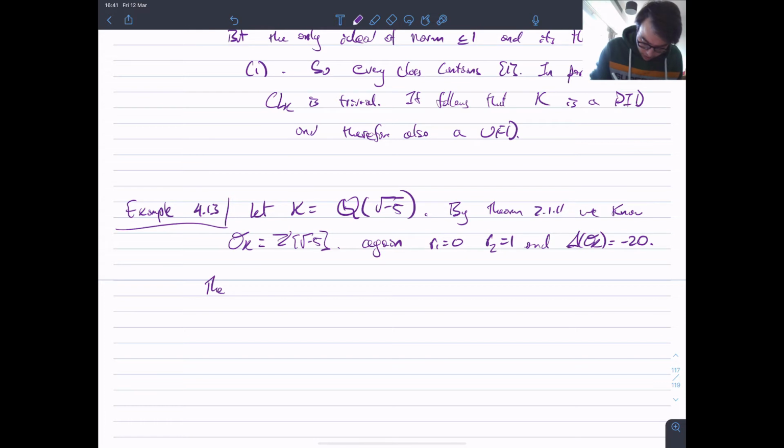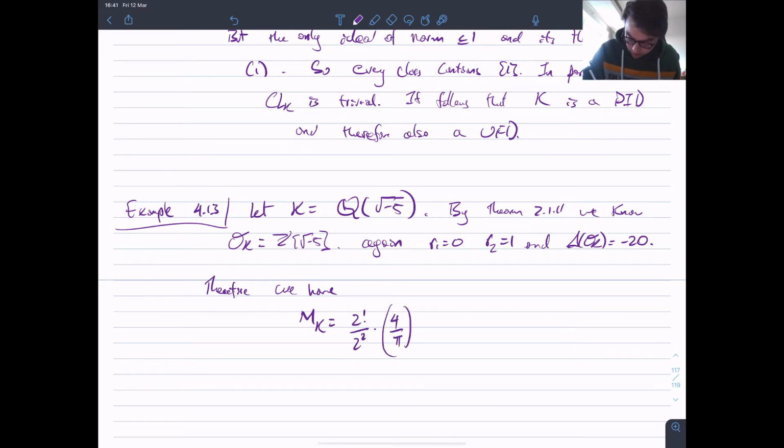Therefore, what do we get? You'll see why I calculated the ring of integers in a minute, because we'll actually need to factor some ideals. What's our Minkowski bound? The Minkowski bound is 2 factorial over 2 squared, times 4 over pi to the 1, times the square root of 20, the square root of the absolute value of the discriminant.